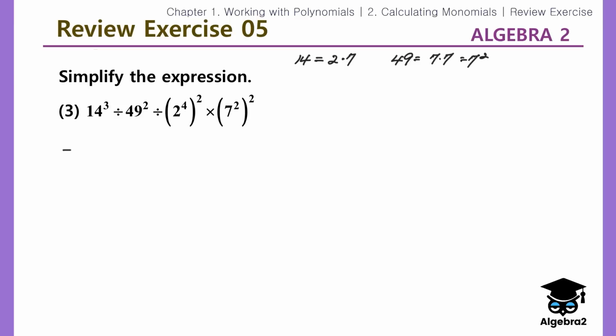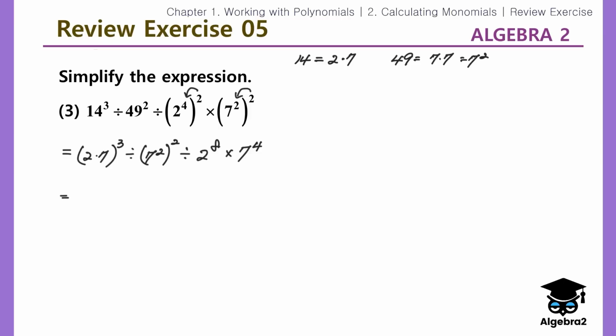So let's rewrite these numbers. So 2 times 7 to the power of 3 divided by 7 squared to the power of 2 divided by 2 times 4, that's 2 to the 8. 2 times 2, that's 7 to the power of 4.